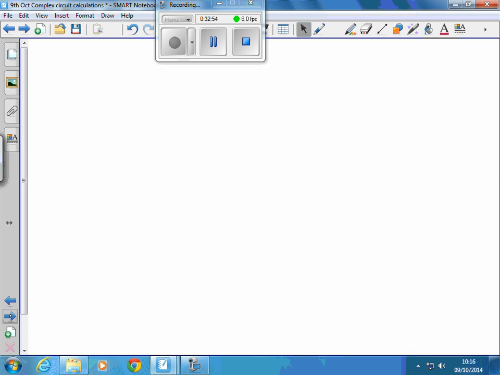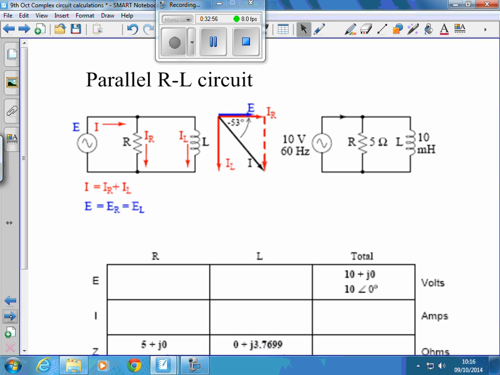Moving on swiftly, we could do exactly the same thing with a parallel circuit. Okay, so what I'd like you to do is see if you can calculate. We've got 10 volts applied. There's our voltage.